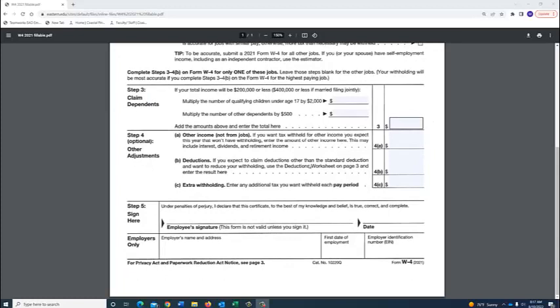Down in step 4, other income is indicated. So if the employee has maybe investment income or a large amount of interest income, that would be indicated here on line 4A.